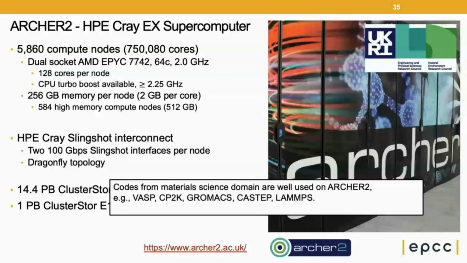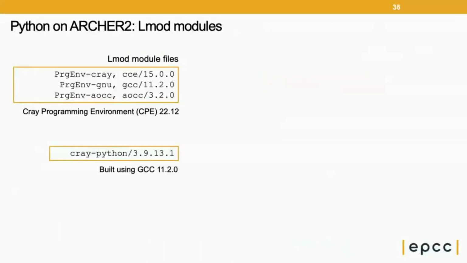A lot of the codes used in ARCHER2 are from the materials science domain, so codes such as VASP, CP2K, and so on. There are also a few codes from the NERC domain, such as NEMO.